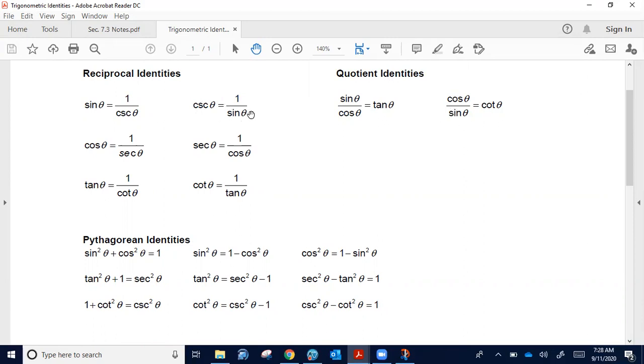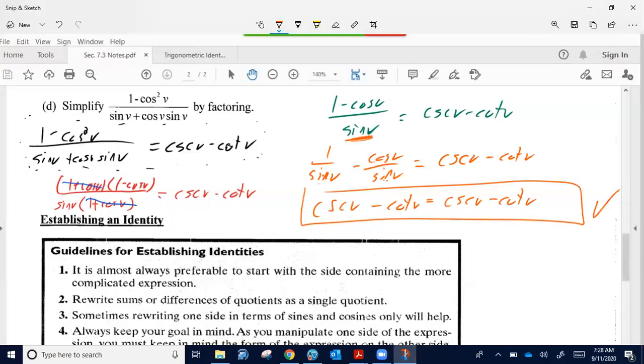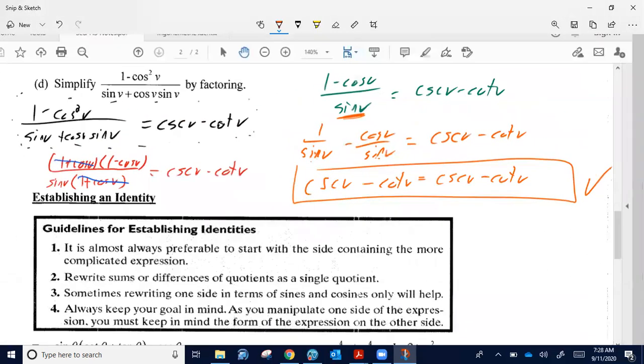Again, 1 over sine is a cosecant, cosine over sine is a cotangent. Cosecant v minus cotangent v equals cosecant v minus cotangent v. And we're good.